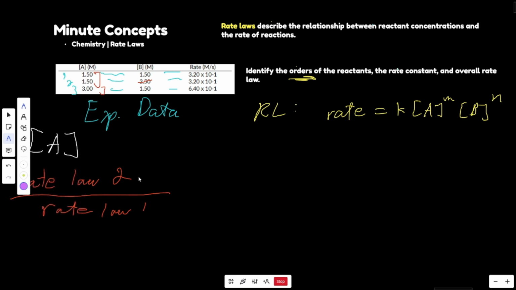This would look like this. So let's use the purple pen. So again, trial 3 over trial 1.